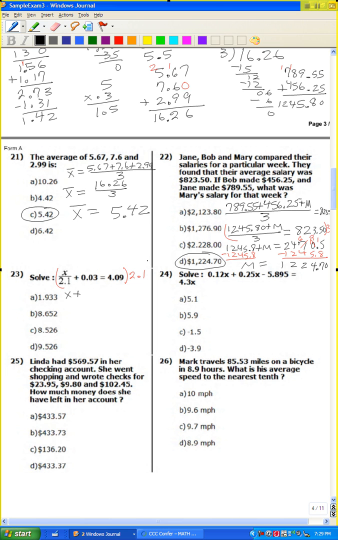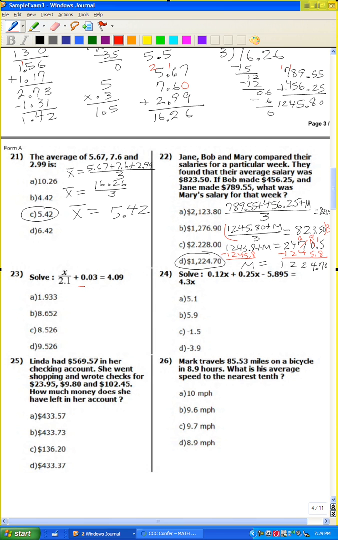Multiply by 3, so 6.3. Actually, it'll be easier to do this first and make the numbers slightly smaller.